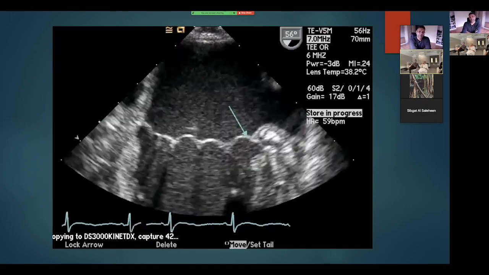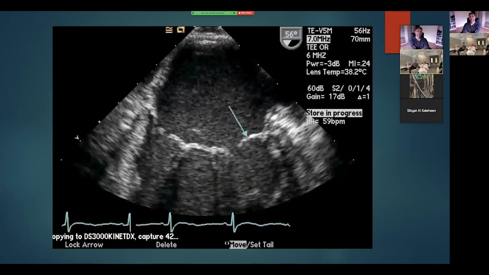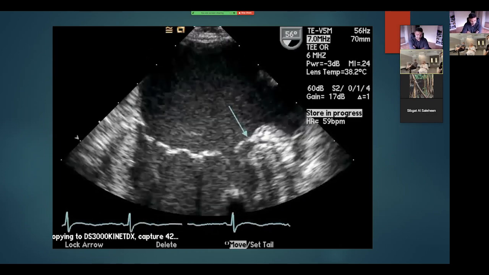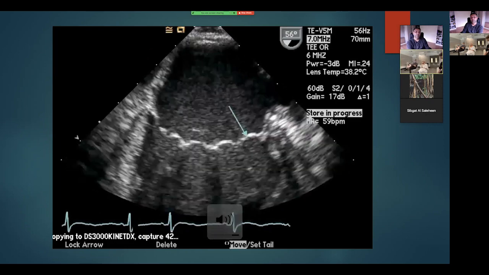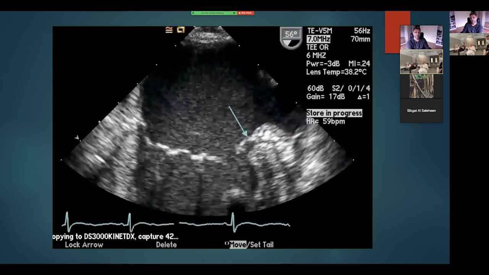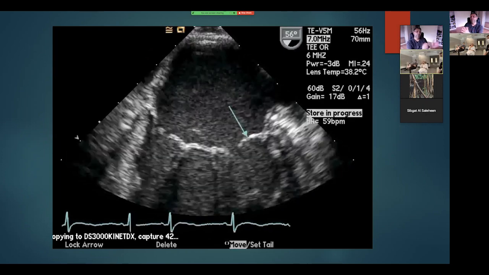Deshani. All right, so I think we're in the commissural view. Yes. Mid-esophageal, at 56 degrees, so I can see the left atrial appendage. Let's talk about anterior and posterior first.